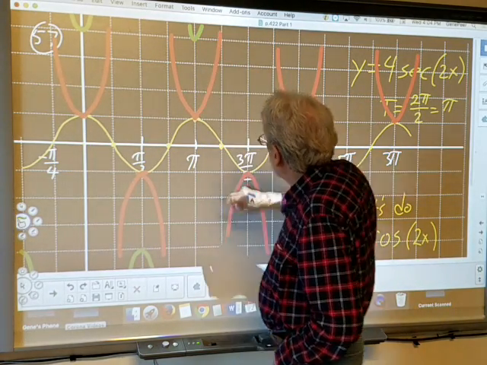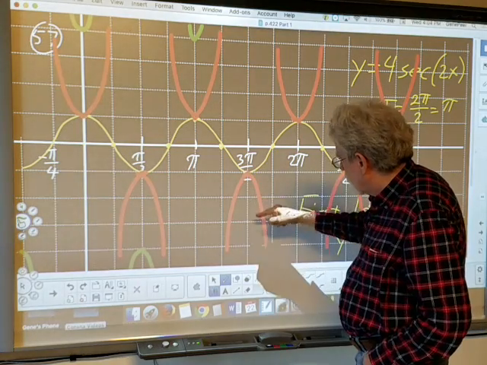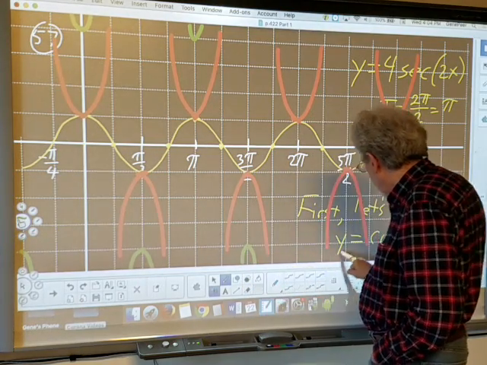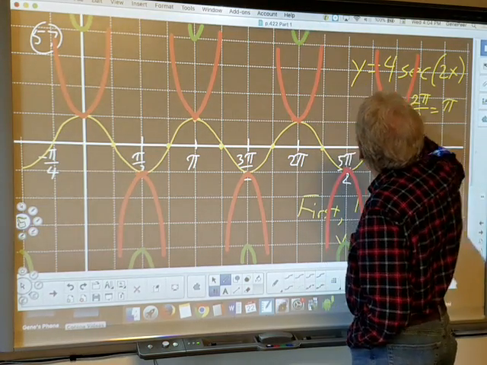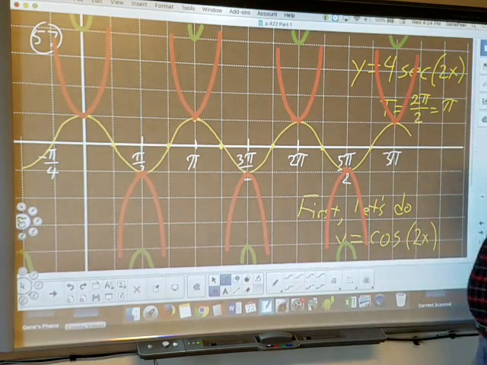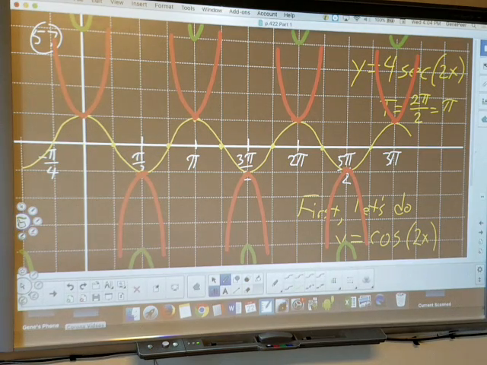The green stuff is your actual answer. The red and the yellow were just helping us get there, but your actual final graph is the green that you can barely see because my scale is kind of not right.